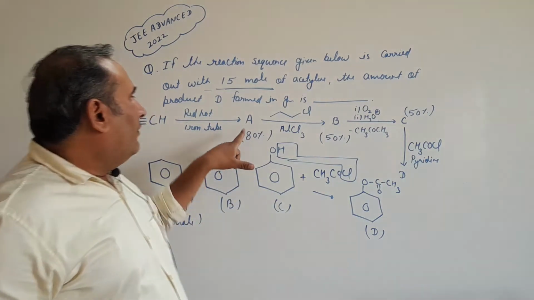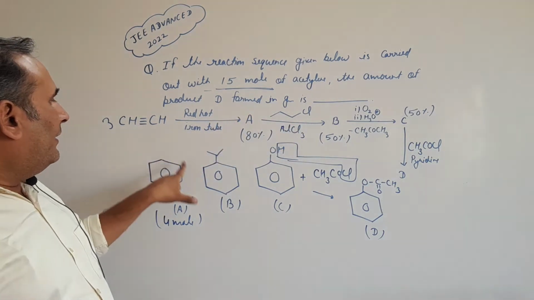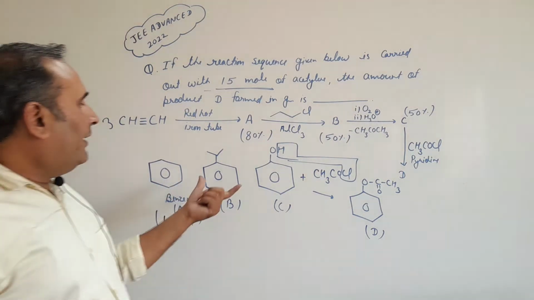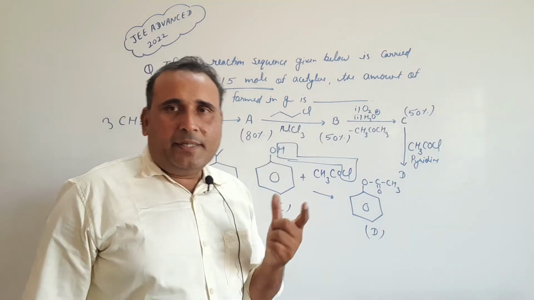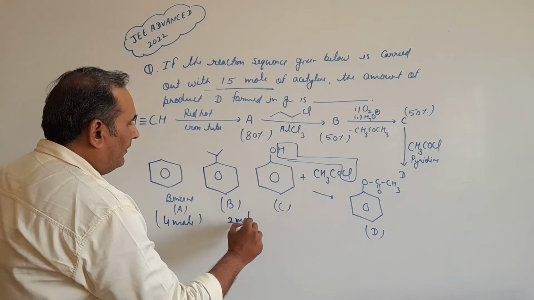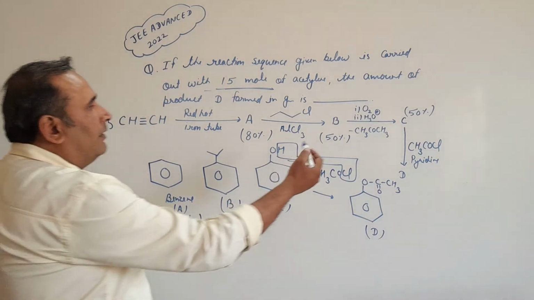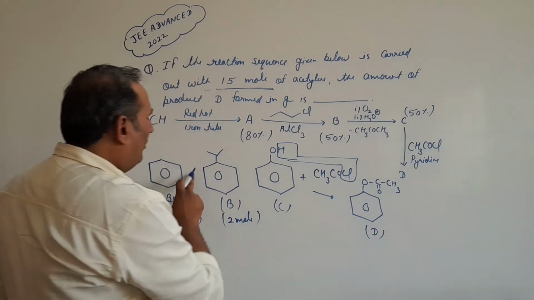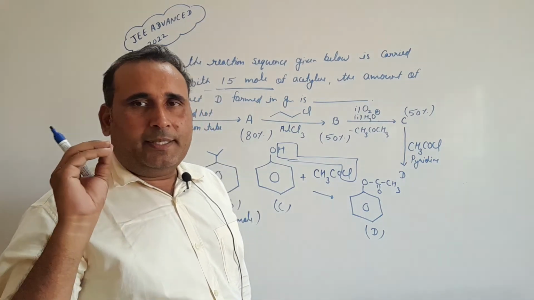Now when benzene reacts to form this compound, 1 mole of benzene is capable of forming 1 mole of it. Because we have 4 moles of benzene, we would get 4 moles of B. But the yield is 50%, so we will get only 2 moles of compound B. Next, we get phenol. 1 mole of B is capable of forming 1 mole of C, phenol.